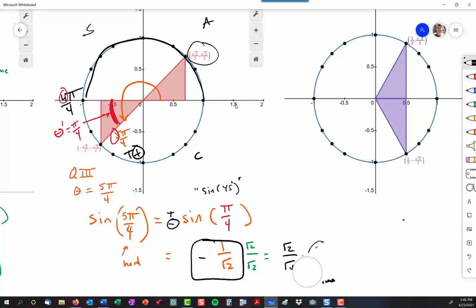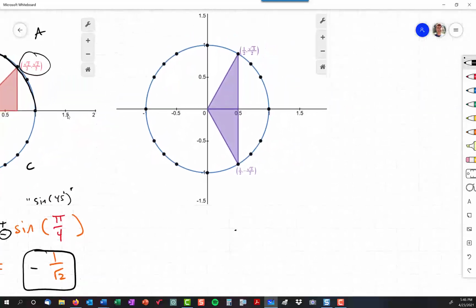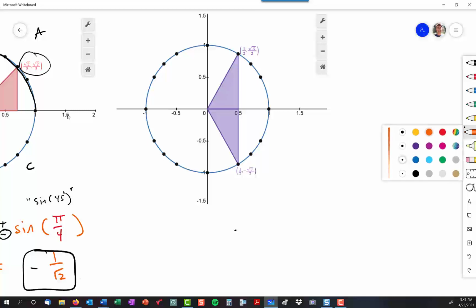Let's do one more. Okay, so let's take an angle in quadrant 4.